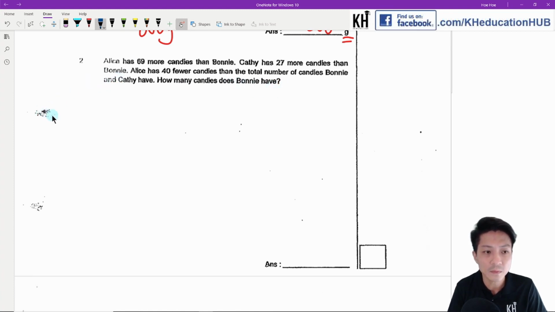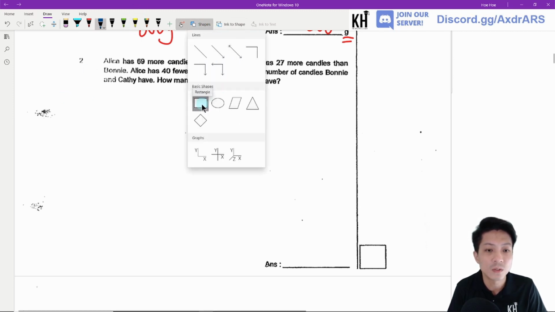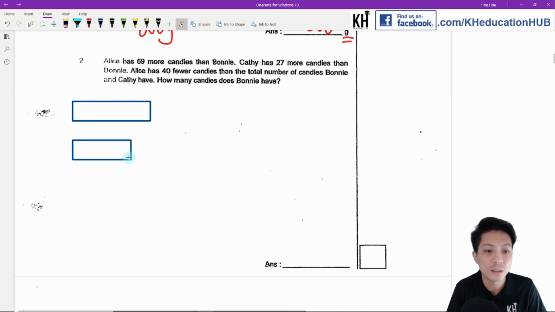Okay, let's draw some model to help me sort out what's happening because I'm a bit confused. Alice has 69 more candies than Bonnie. So you can draw a simple model like this. Okay, draw another one.